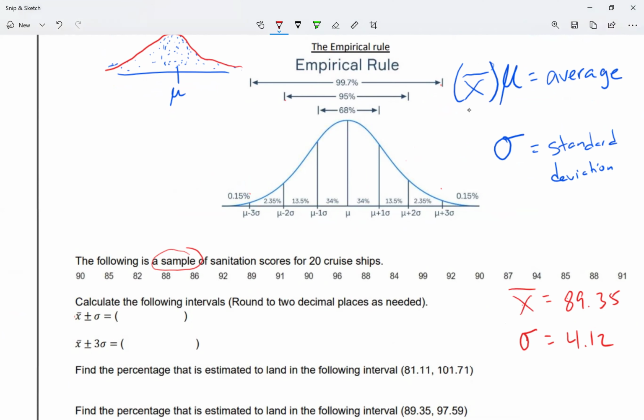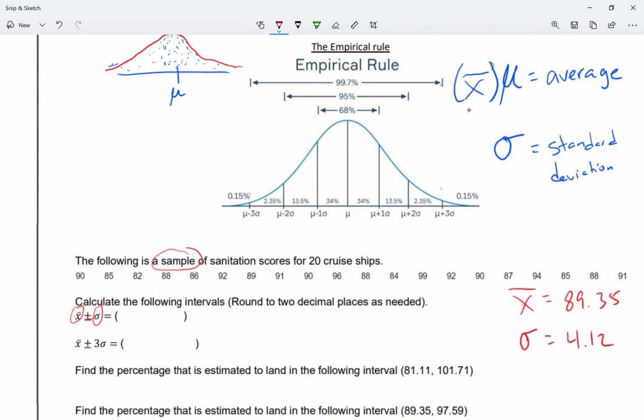Okay, so X bar minus, I'm going to go minus because I'm going to go to the low, 89.35 minus 4.12. So for my first number, I take the average, and I have plus or minus. I'm going to do minus first, the standard deviation. 89.35 minus 4.12, I'm going to call that 85.23.